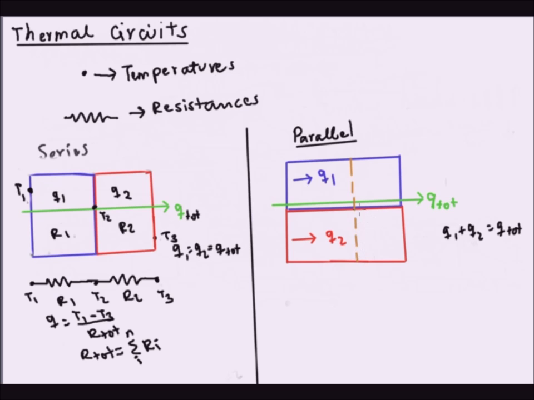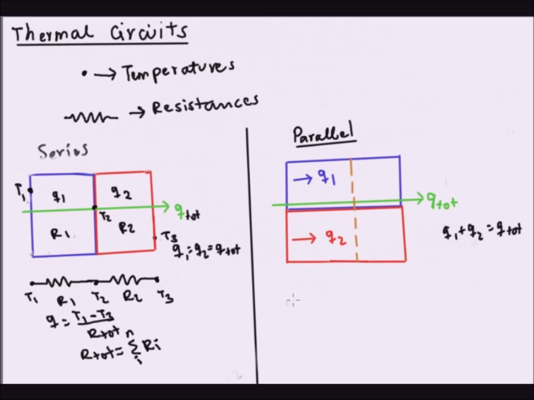This is actually an assumption. This is not always the case, and when you have very different materials or very different conductivities, you may also have temperature gradients in the vertical direction, even though your main direction of heat flow is the horizontal direction.